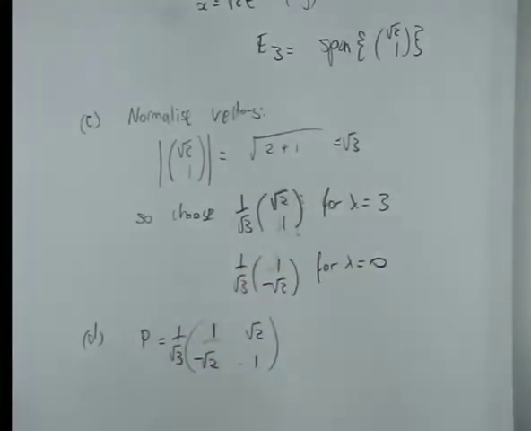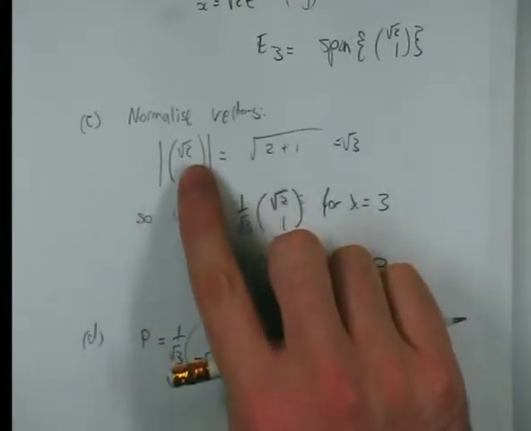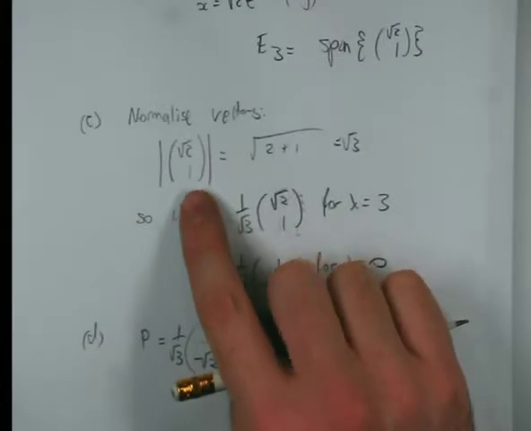And the determinant of that matrix is not 1. Let me just think this through. Root 2 squared is 2. 1 squared is 1.